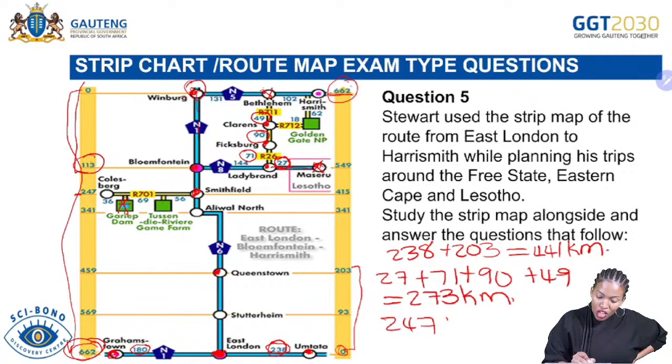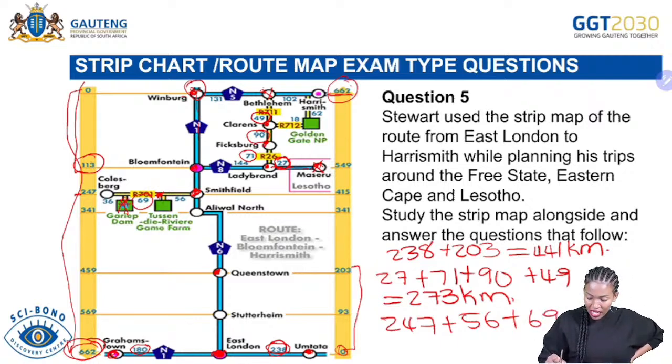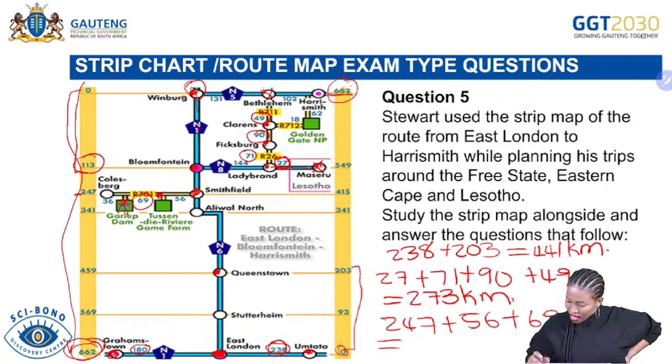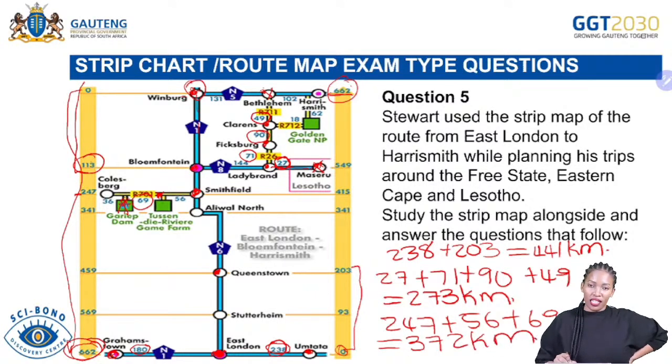But from Smithfield to Tessenderrivier, it is another 56 kilometers. From Tessenderrivier to Gariep Dam is 69 kilometers. So plus 69. And then you add the distances. It is 247 plus 56 plus 69. You get an answer of 372 kilometers. That is the distance from Wynberg to Gariep Dam. That is basically how you work with a strip chart.